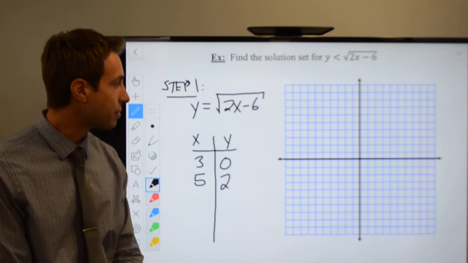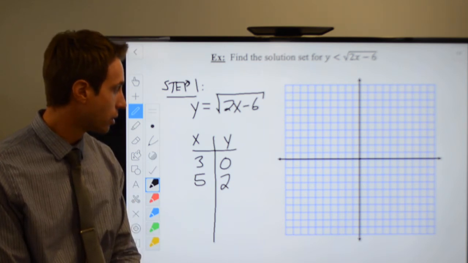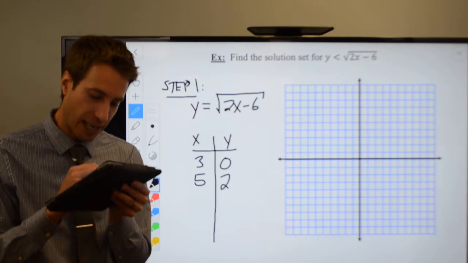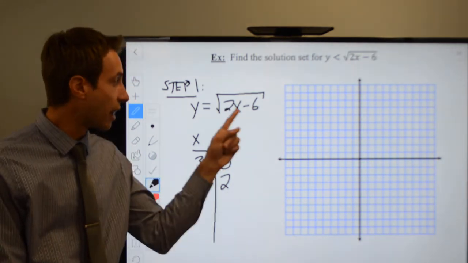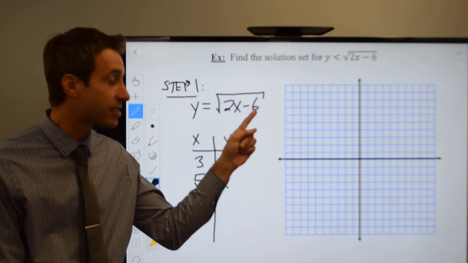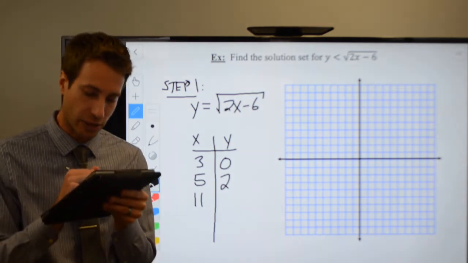I guess I'd have to be at 22. Can I get to 22? 11. That's it. So if I plug in an 11, 11 times 2 is 22. 22 minus 6 is 16. The square root of 16 is 4.